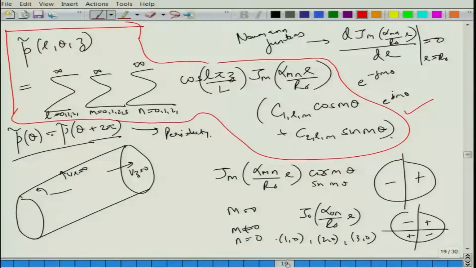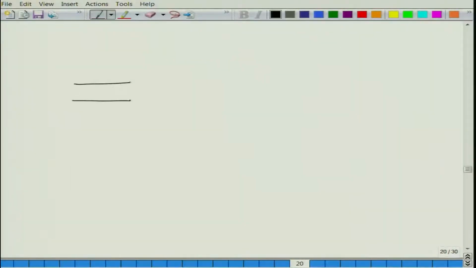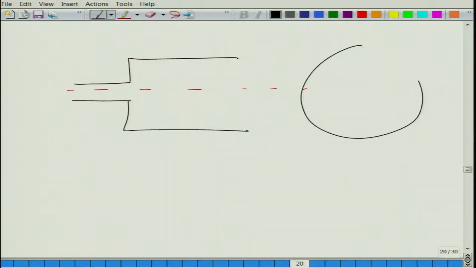Now, let us consider a circular cylindrical chamber, let us say we are looking at the side view, a concentric chamber, something like this, and we have a port like this.